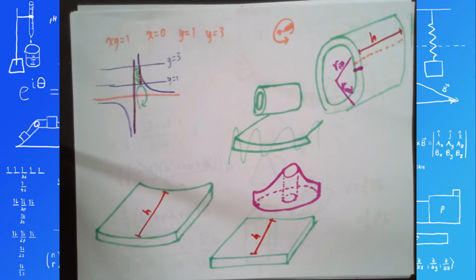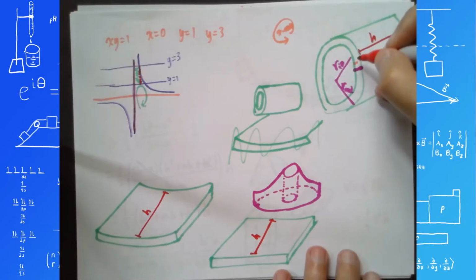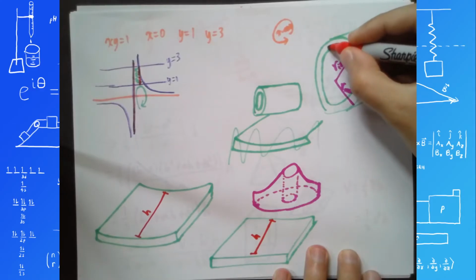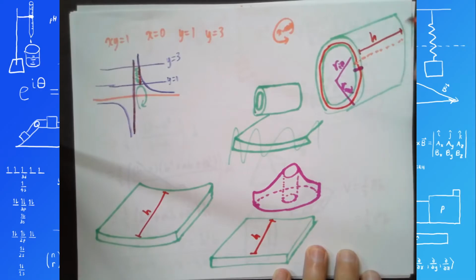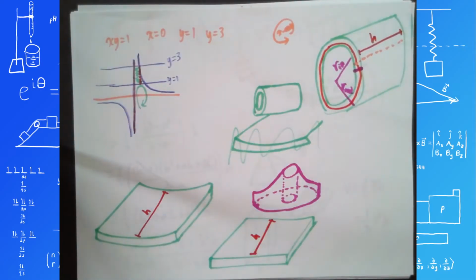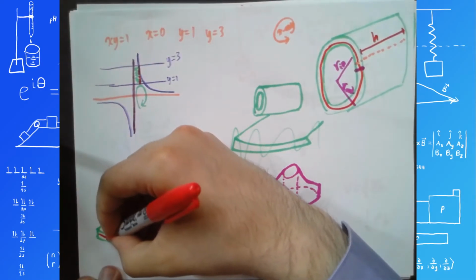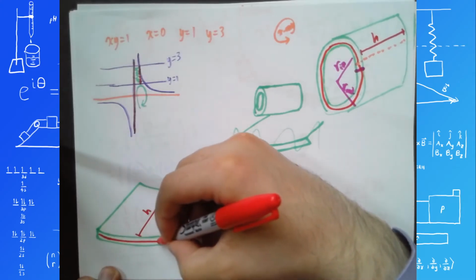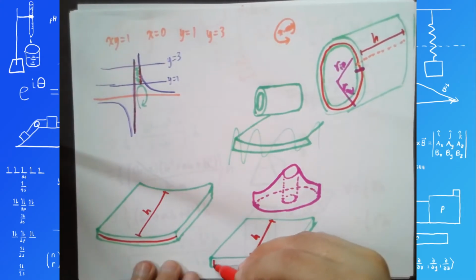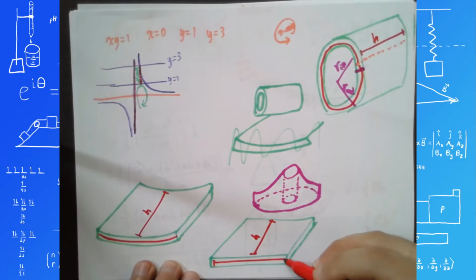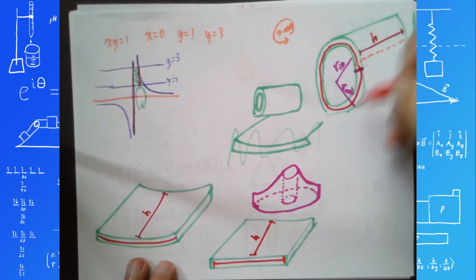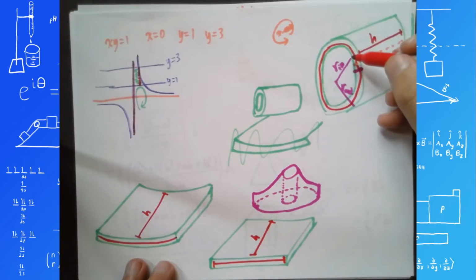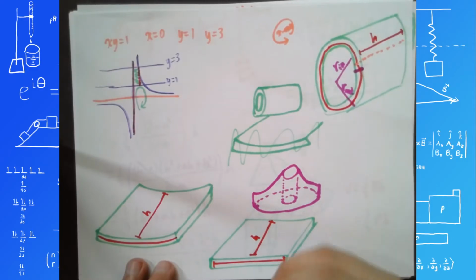And that would mean that this right here, after you cut it open and unwind it, turns into this, which effectively becomes the length. So the length is equal to the circumference, which is just going to be 2 pi r.